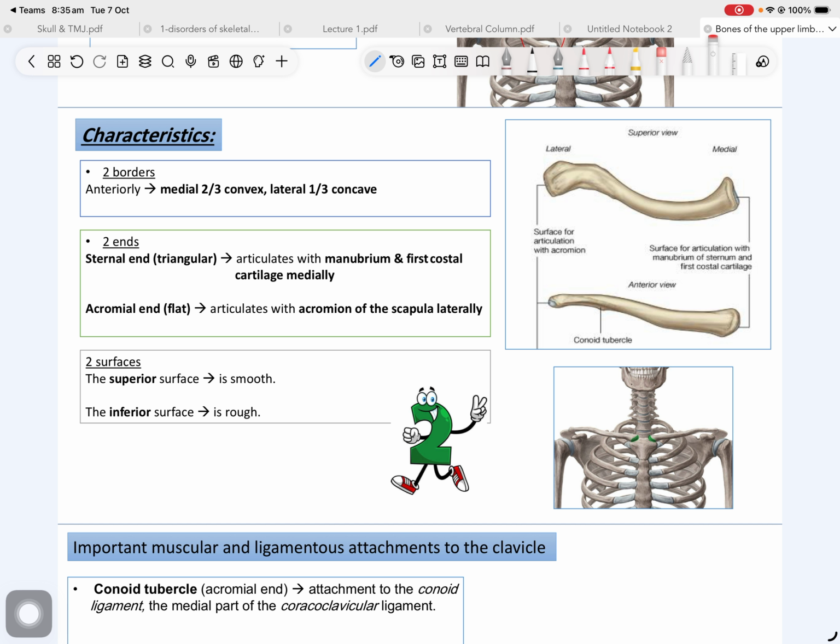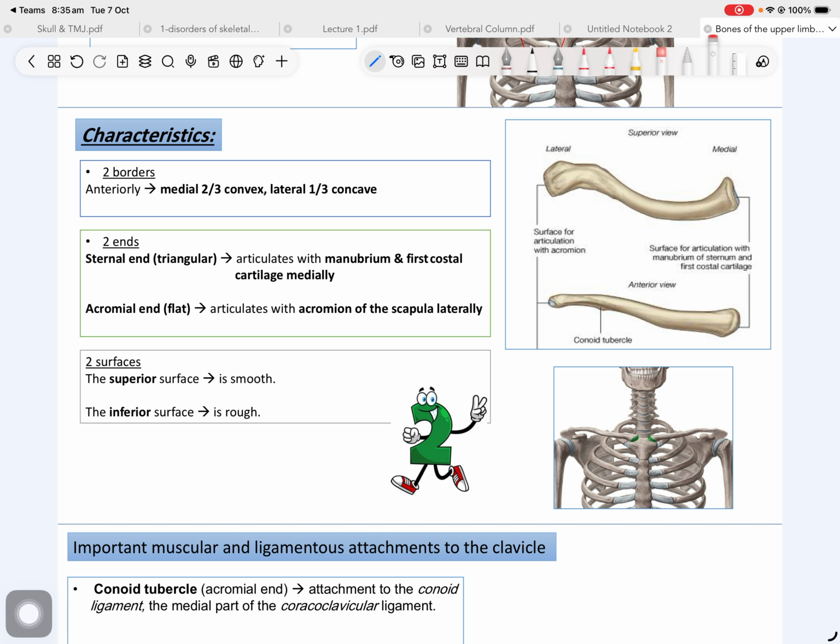It is located medially, and since it is attached to the sternum, I call it the sternal end. So this end, either I call it the sternal end according to its attachment, or the triangular end because of its shape, or the medial end according to its anatomical position.